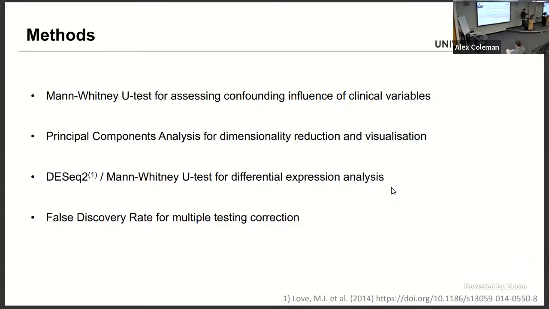For the main part of the analysis, looking at the association of different GCA subtypes with transcript levels, I used either Mann-Whitney or the DESeq2 package in R. And lastly, but very important, I applied multiple testing correction using false discovery rate.